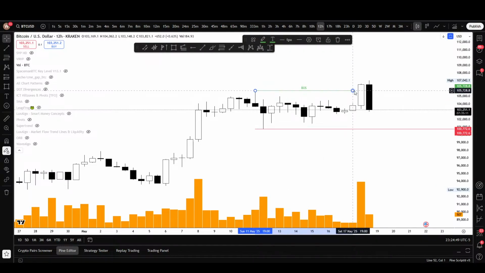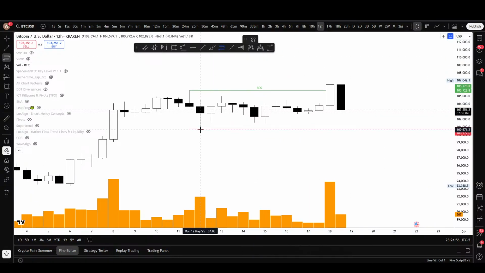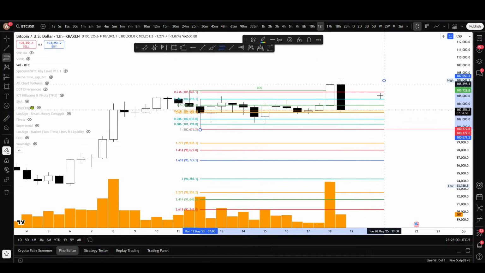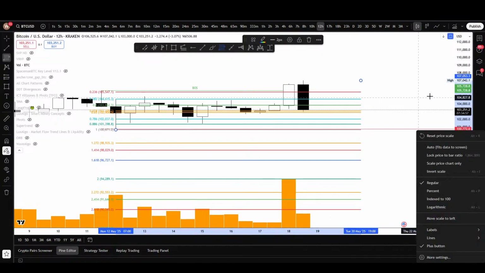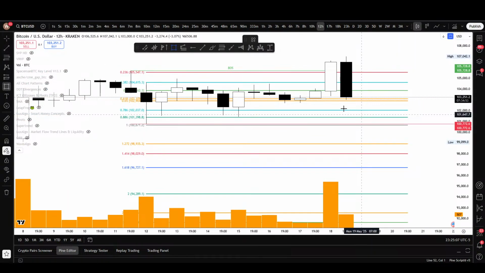We bullishly broke to the upside. So we'd want to see this low hold. And then we're just looking. Yeah, we do look at that. So this is a golden pocket retest, the 12-hour trend.